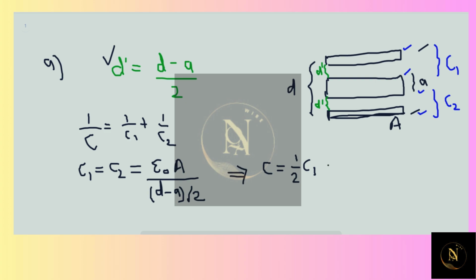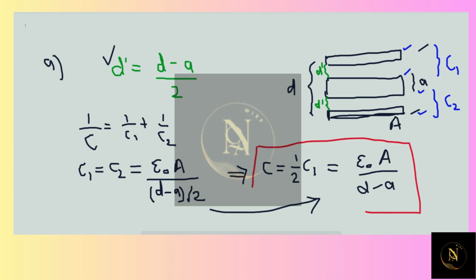From this, we find that the equivalent capacitance for this combination is epsilon naught A divided by d minus a. So this is the answer for the first part of the problem.